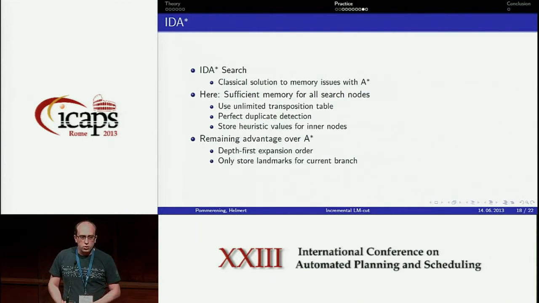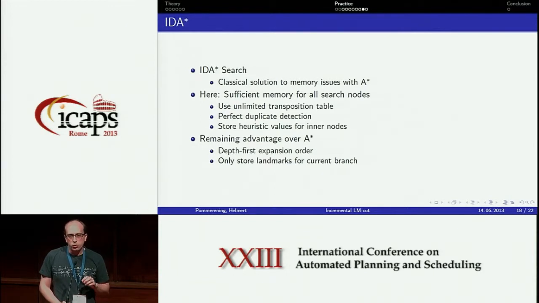What we used was an infinite-size transposition table, which means that we can do perfect duplicate detection. We can also store heuristic values for the inner nodes of the search tree, which means we don't have to recompute them.